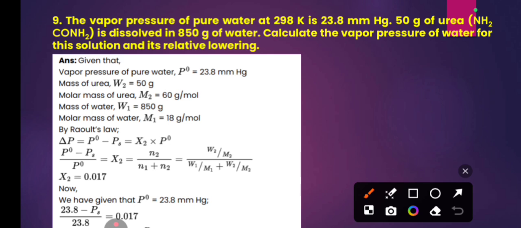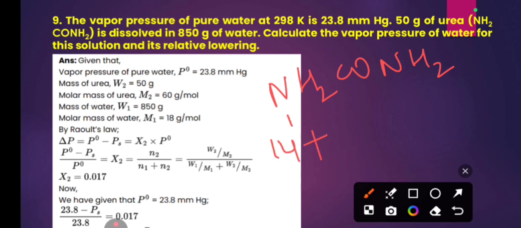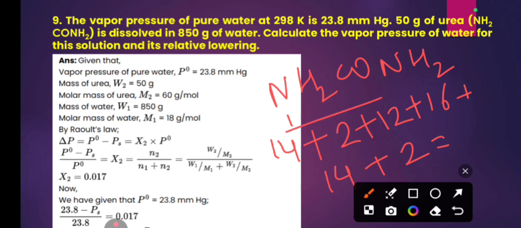How can you solve the molar mass of urea? NH2CONH2, this is given to you. For nitrogen what are you using? 14 is the molar mass, for hydrogen you will use 2, for carbon it is 12, for oxygen it is 16, plus for nitrogen it is 14 plus 2. So this is the molar mass of urea.